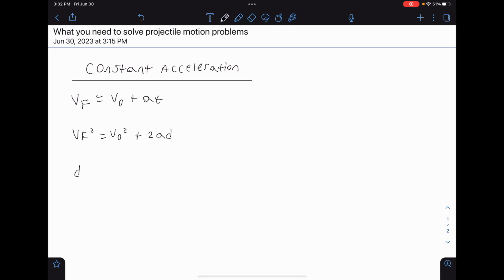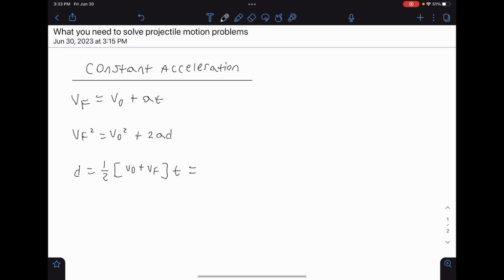Next, displacement or distance, right? This could be distance too, I'll explain them after. Let's just go over the equations. So d is equal to 1/2 of v0 plus v final. Now, if you add two things together and divide by 2, that's the average, right? So this is the average velocity, and this is also multiplied by time.